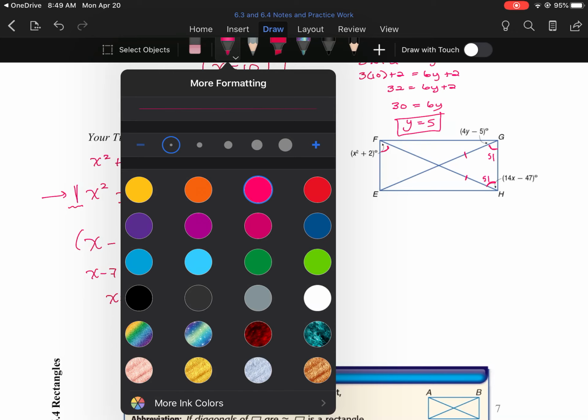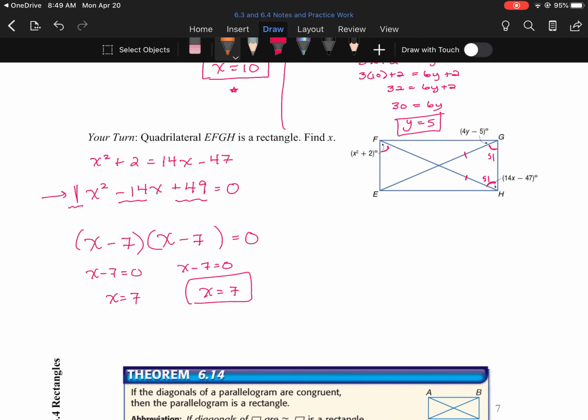I got a different color here, something that's sort of bright. But we know this whole angle is 90. So we know that 51 plus 4y minus 5 is equal to 90. So we can do 51 minus 5, and we're going to get 46.